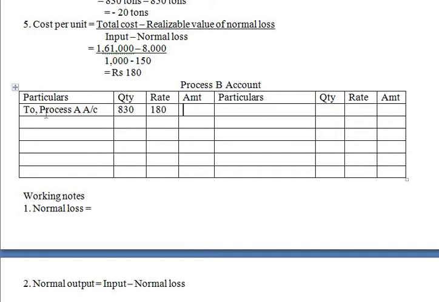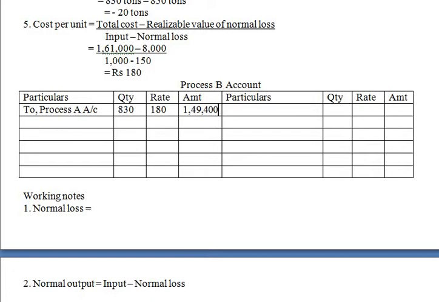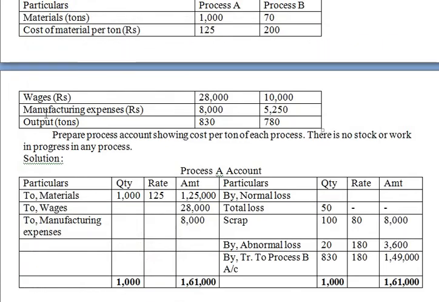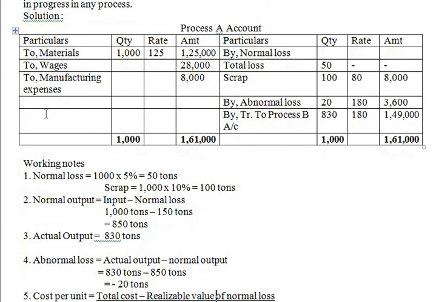The amount is 1,49,400. Okay, then what all information they have given, just go through the chart. They have given materials 70 and cost per material ton as 200.